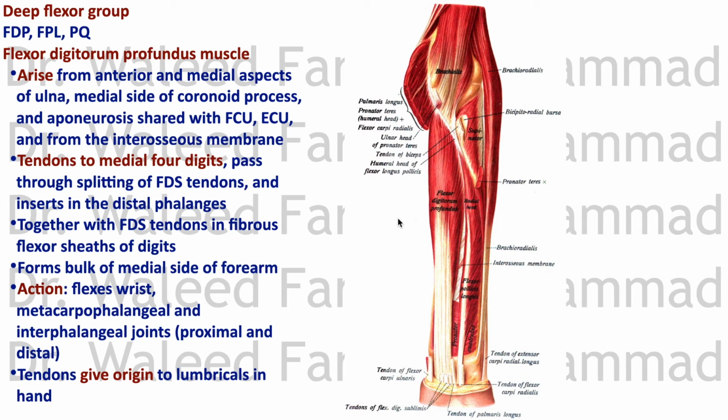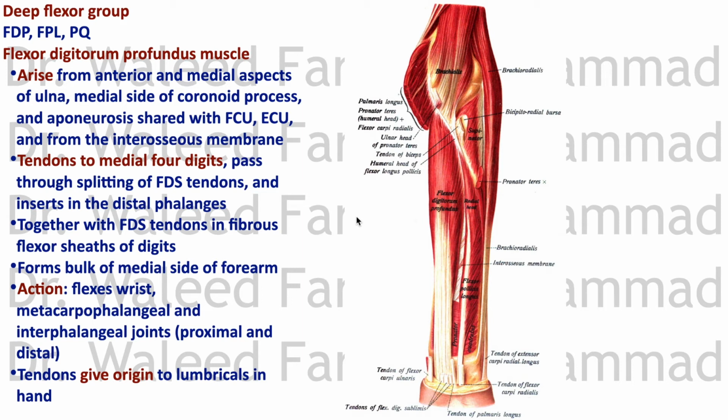It forms the bulk on the medial side of the forearm. The tendons to the medial four digits pass through the splitting of the flexor digitorum superficialis and insert in the distal phalanges. Together with the flexor digitorum superficialis, they are in the same synovial sheath in the carpal tunnel.